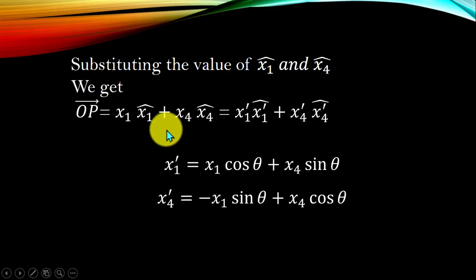So now substituting the value of x1 cap and x4 cap here in the OP vector, you will get x1 prime equal to x1 cos theta plus x4 sin theta, and x4 prime is equal to minus x1 sin theta plus x4 cos theta. How do you get this?